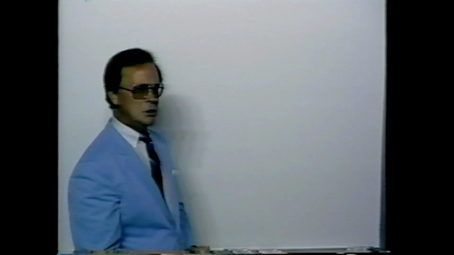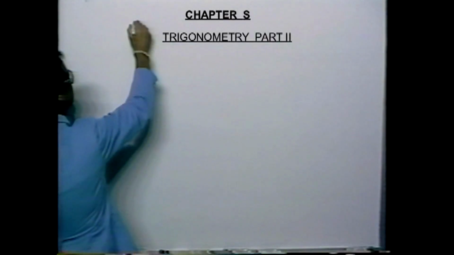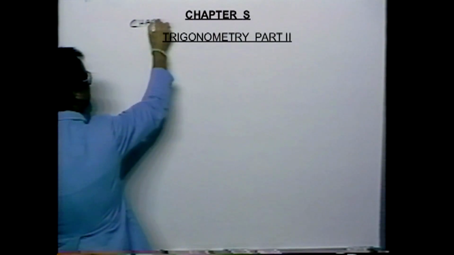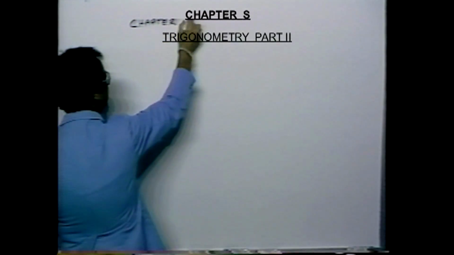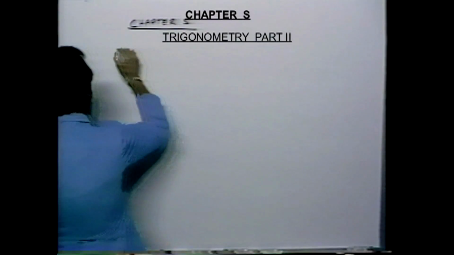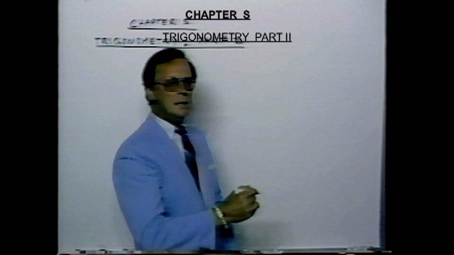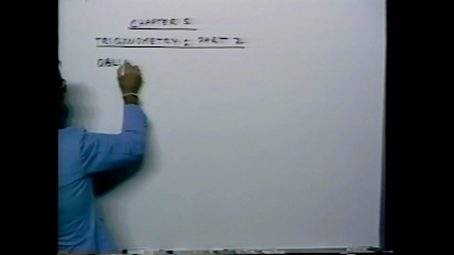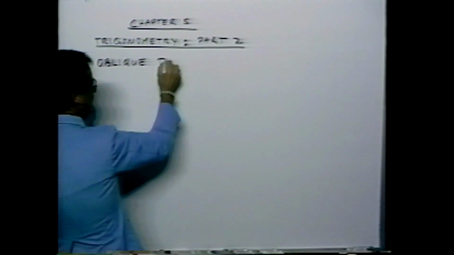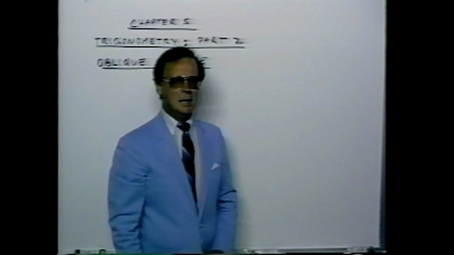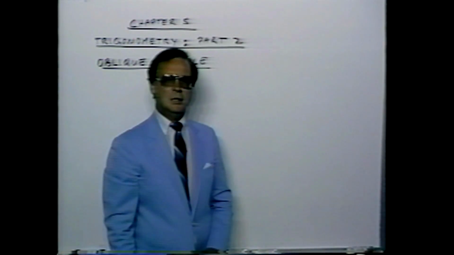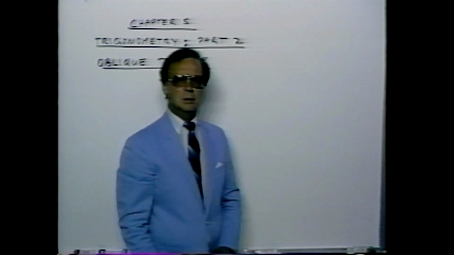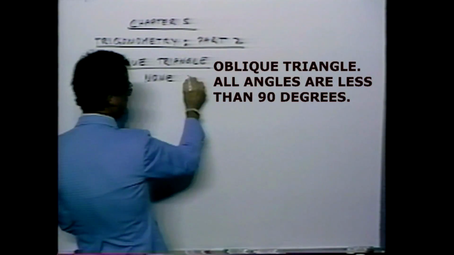This is on Trigonometry Part 2, Chapter 5. We'll define an oblique triangle. An oblique triangle is a triangle where none of the angles equal 90 degrees.